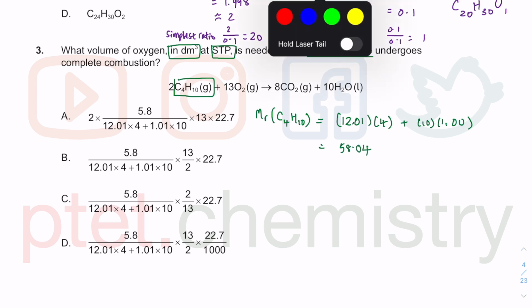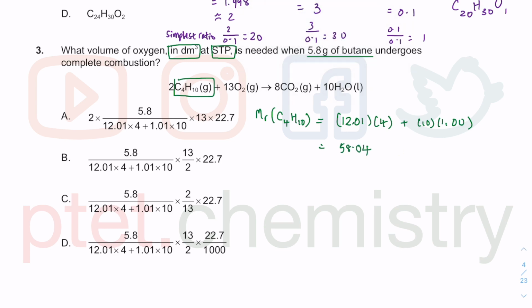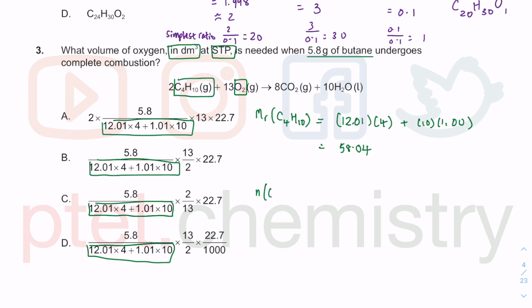But in reality, I don't really have to work it out, because what we could see is that it is already at the bottom there. So 12.01 plus that, it seems like there is nothing wrong with the MR. So the MR is as it is. As you see from my other topical playlist on mole calculations, I'm a big fan of using this fraction method, so I'll show you what I mean.